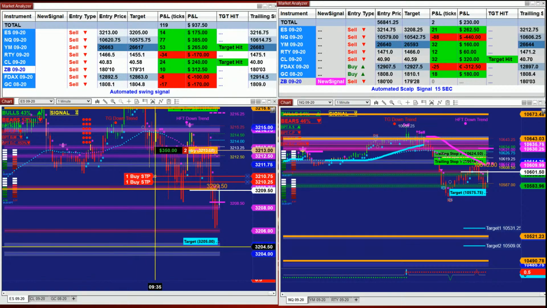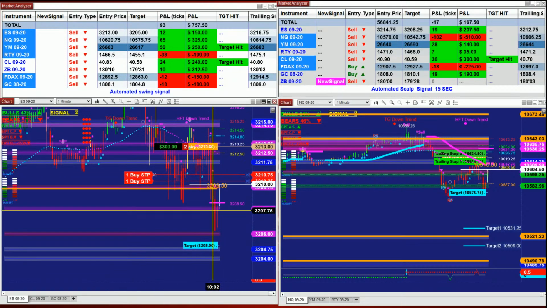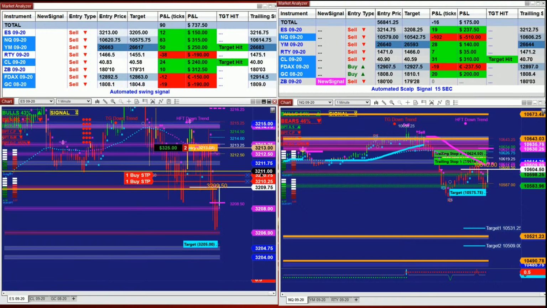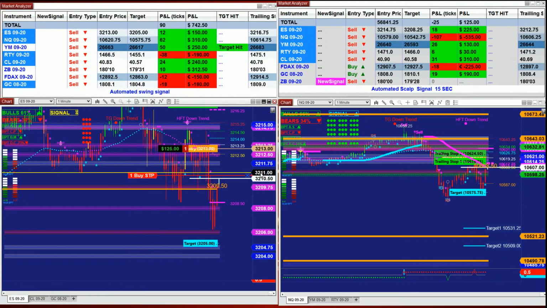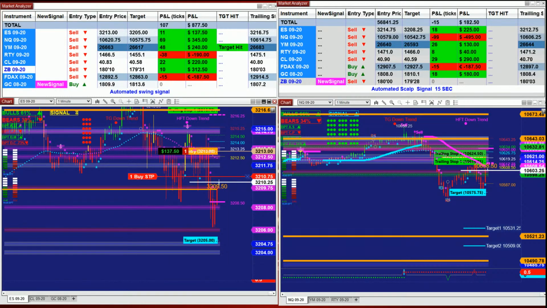You can see how the ES stopped at 3209.50, and I put the trailing stop right there. Okay, we are breaking those.